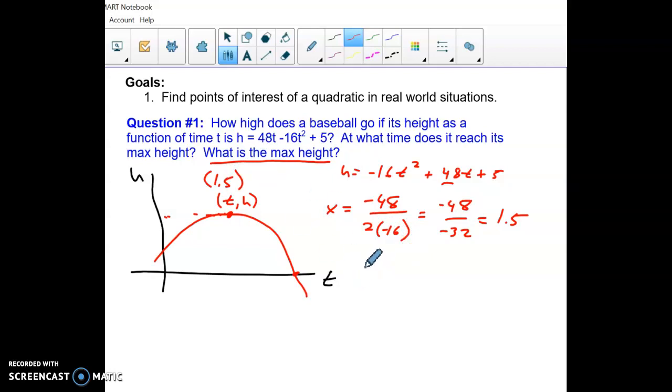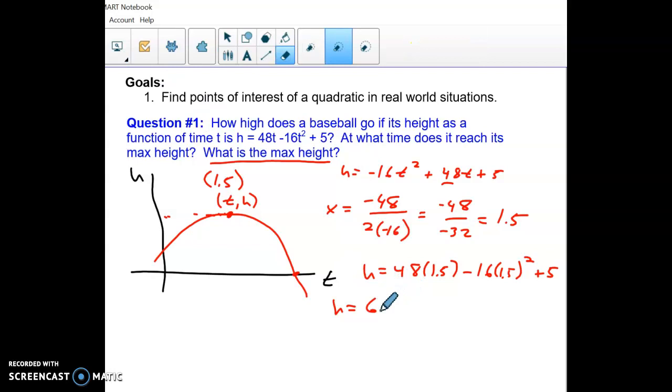And then to find that height, we just plug it into the little formula. You can use either one. I guess go way back to the beginning one: 48 times 1.5 minus 16 times 1.5 squared plus 5. Okay, and then we just got to crunch away. Multiply those together. I believe that's 62, I think. 72. Maybe 72 would be a better answer there.